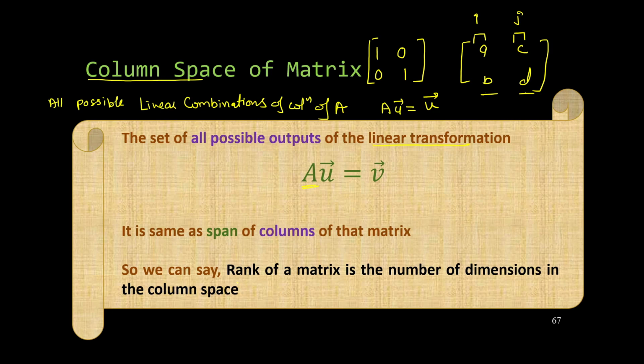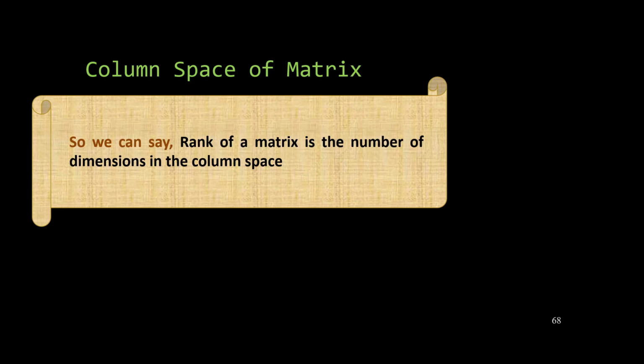And we can also say that the rank of a matrix is the number of dimensions in the column space. If you are not sure how, you might want to revisit the definition of rank of a matrix. Suppose A is the original matrix associated with some linear transformation, and we denote the column space of the matrix by CA. So what is the number of dimensions in CA?